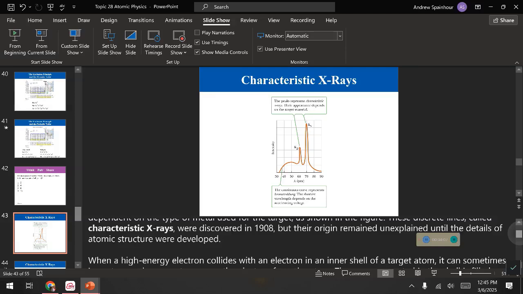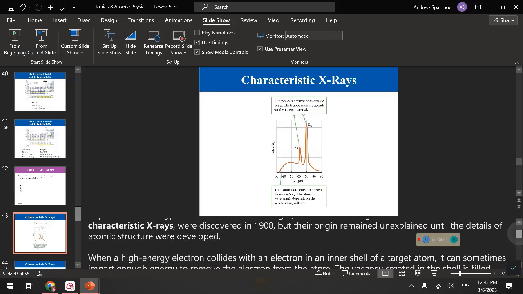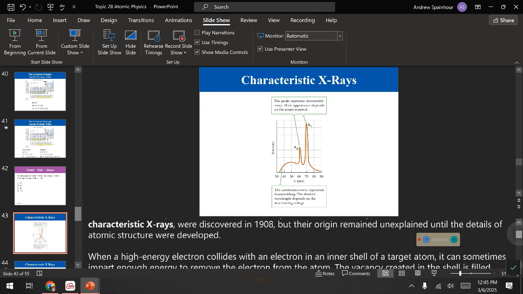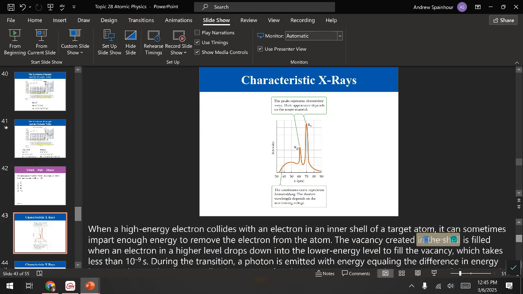These discrete lines, called characteristic X-rays, were discovered in 1908, but their origin remained unexplained until the details of atomic structure were developed. When high-energy electrons collide with an electron in the inner shell of a target atom, they can sometimes impart enough energy to remove electrons from the atom. A vacancy is then created in that shell.